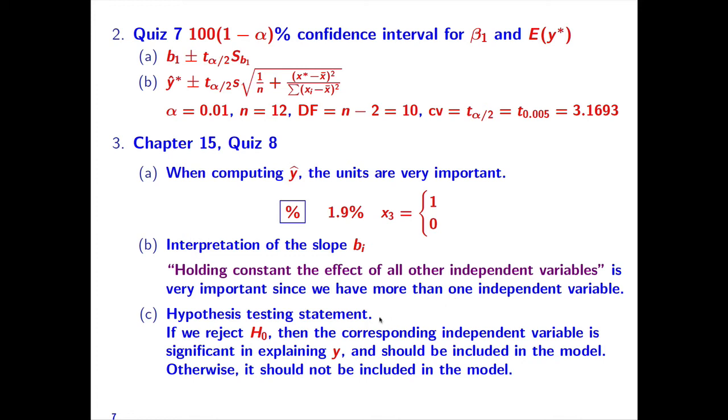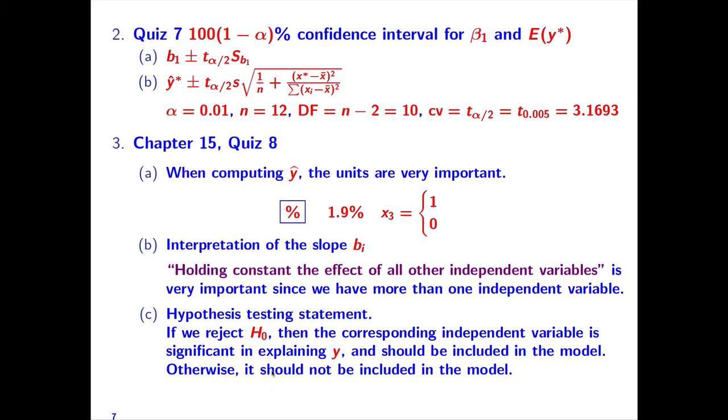Now, the statement associated with hypothesis testing is this. If we reject H0, then the corresponding independent variable is significant in explaining y and should be included in the model. Otherwise, it should not be included in the model.